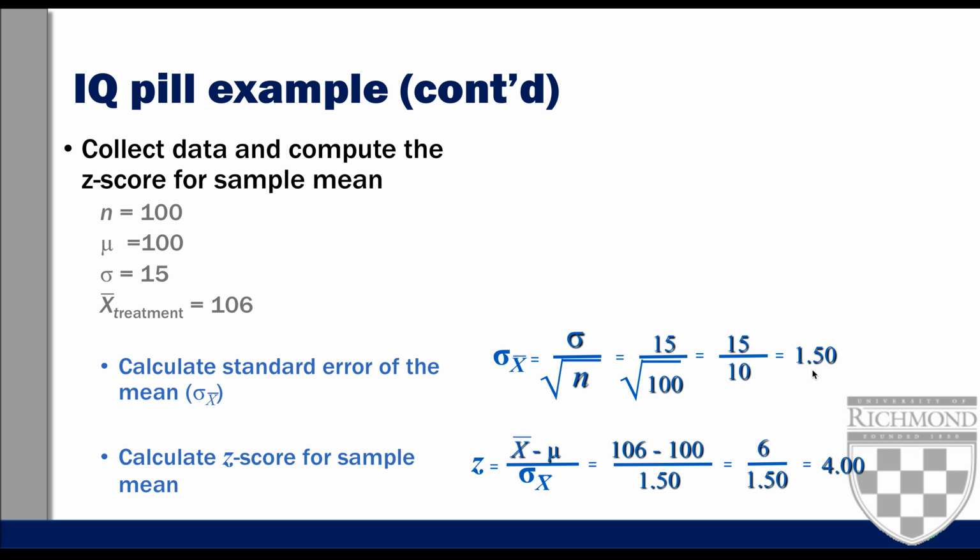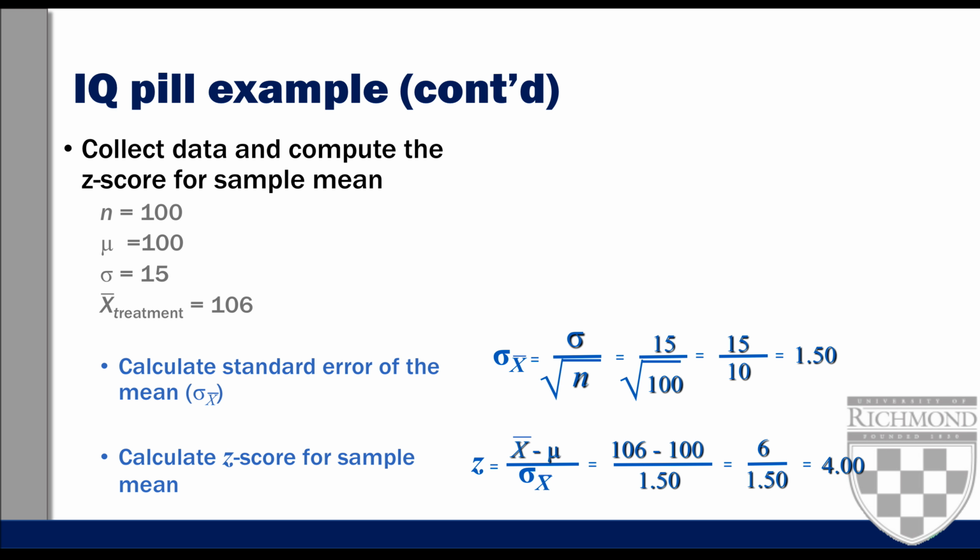Okay, so what does standard error mean? That means, given a sample size of 100, sample means should deviate from the population mean by 1.5 points, plus or minus. So if you were to think of a normal curve, and the sampling distribution is a normal curve, then from -1 standard error to +1 standard error is from 98.5 to 101.5.